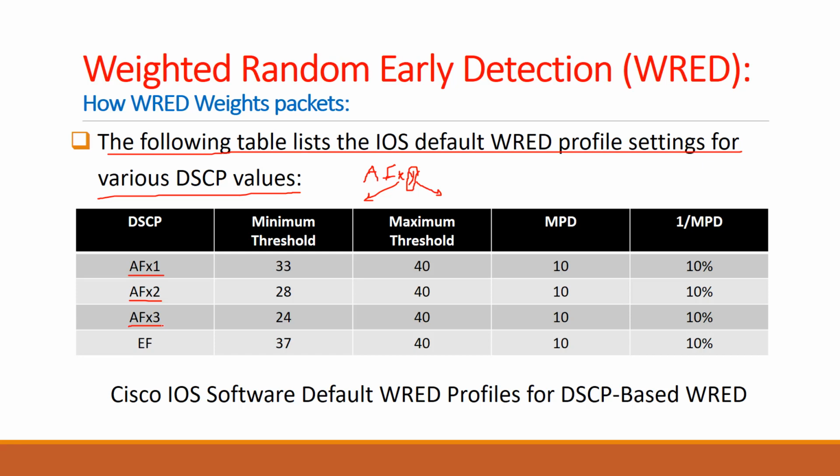There is no queuing; we don't discuss queuing. We discuss dropping probability. So these values are used for the minimum threshold for the specific DSCP values, and this is the default maximum threshold for all of them, and this is the MPD, 10 by default for all the DSCP values, and this is expedited forwarding. So when you calculate the formula, 10% will be discarded when the average depth reaches the maximum threshold.